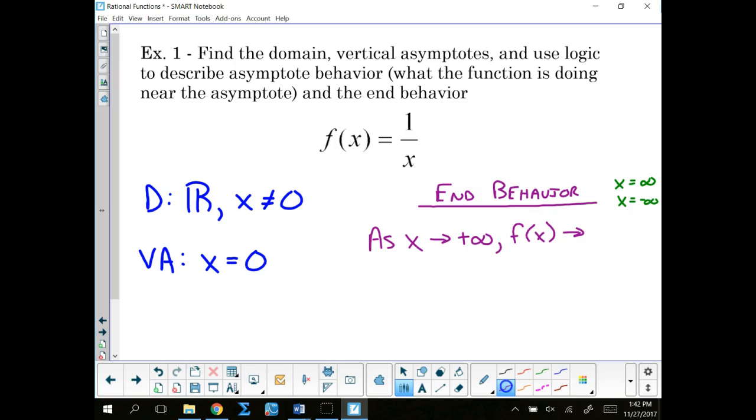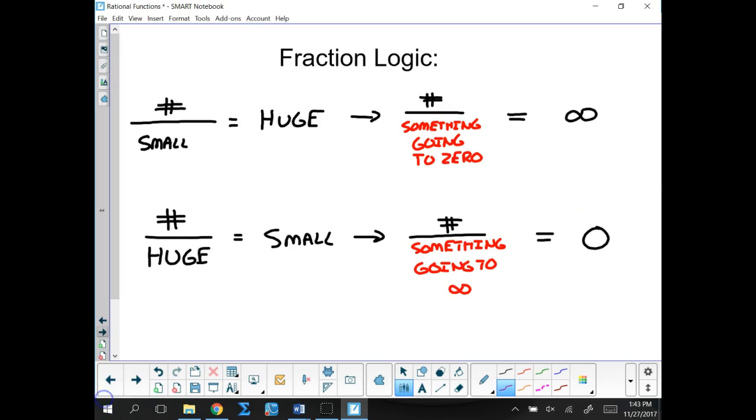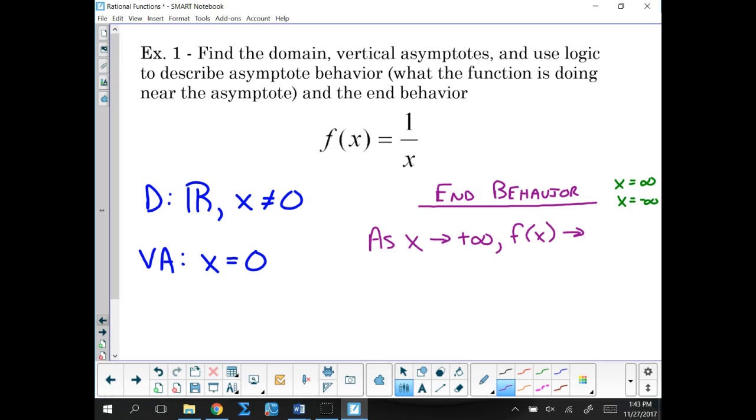So as x gets bigger and bigger and bigger, so I've got a positive number divided by a positive huge number. Where's that going to go? It's going to go towards 0, right? A number divided by a huge number, both positive, is going to go to 0, but we're going to add something in here.